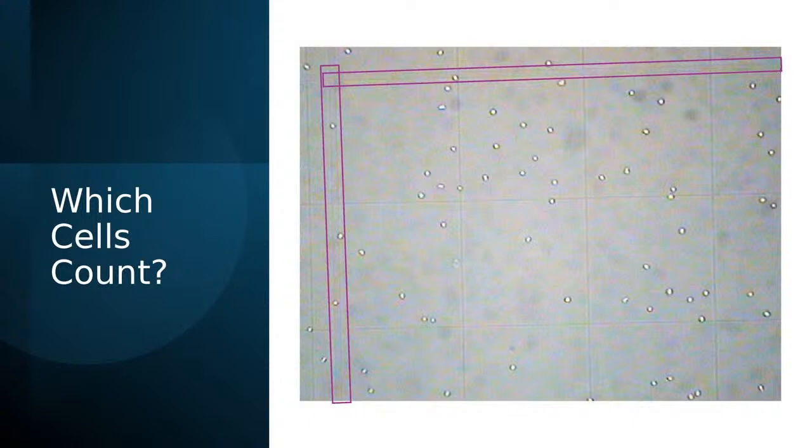And so we have to think about, within those pink boxes that I've created, which of those cells would we count and which of those cells would we not count if we're just trying to count any of our cells. So if you have an idea and you want to describe one that would or would not count, or how you're going to determine if something would or would not count, I'll give you a second there.